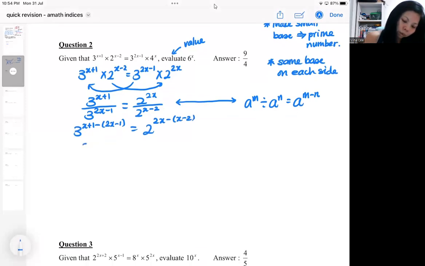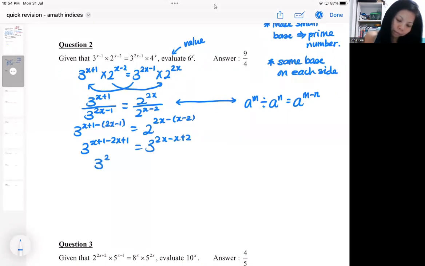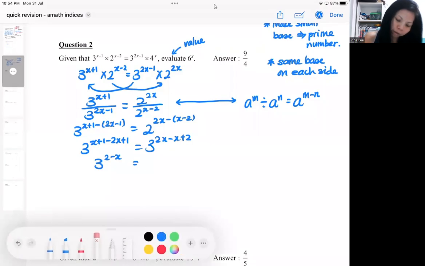So from here, you work out your algebra. Work out very carefully. Be careful of your sign error. Okay, sorry, I wrote the wrong thing. This one is base 2.